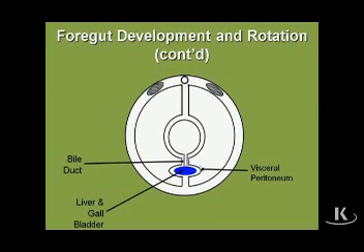Well, now that we have renamed this part of the ventral mesentery visceral peritoneum, that leaves us two other parts of the ventral mesentery, and in the adult, each of those will be given a new name. The part of the ventral mesentery between the liver and the ventral body wall, or between the liver and the parietal peritoneum of the ventral body wall, is going to be called the falciform ligament.